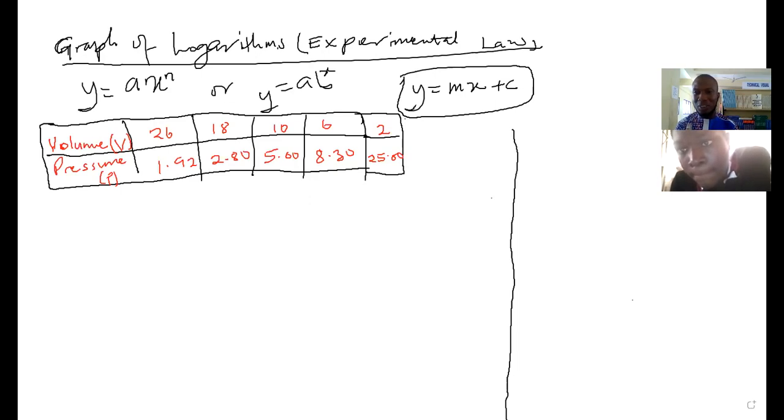What this lesson means is that anytime we are given any exponential relation and we are to get a linear graph from it, this is the approach we are going to use, whether they name it experimental law or not.